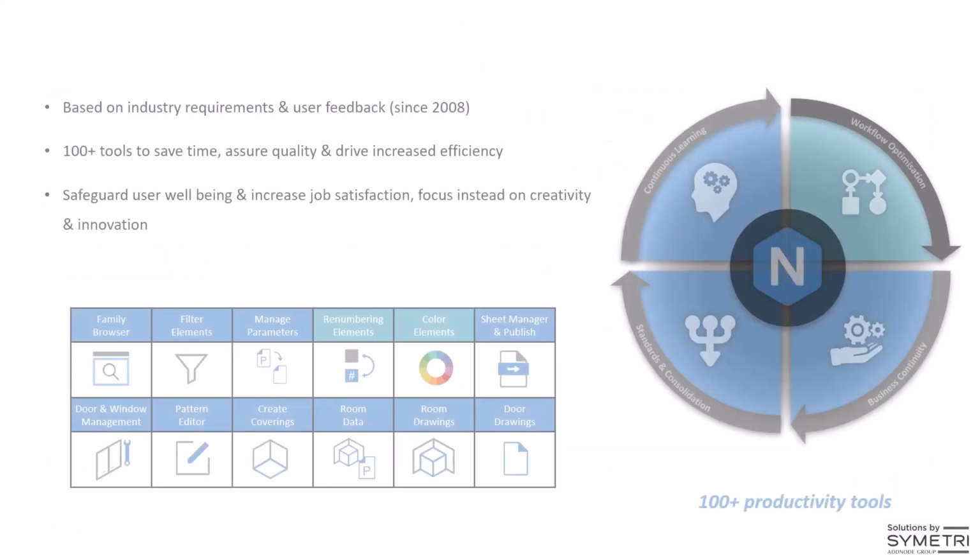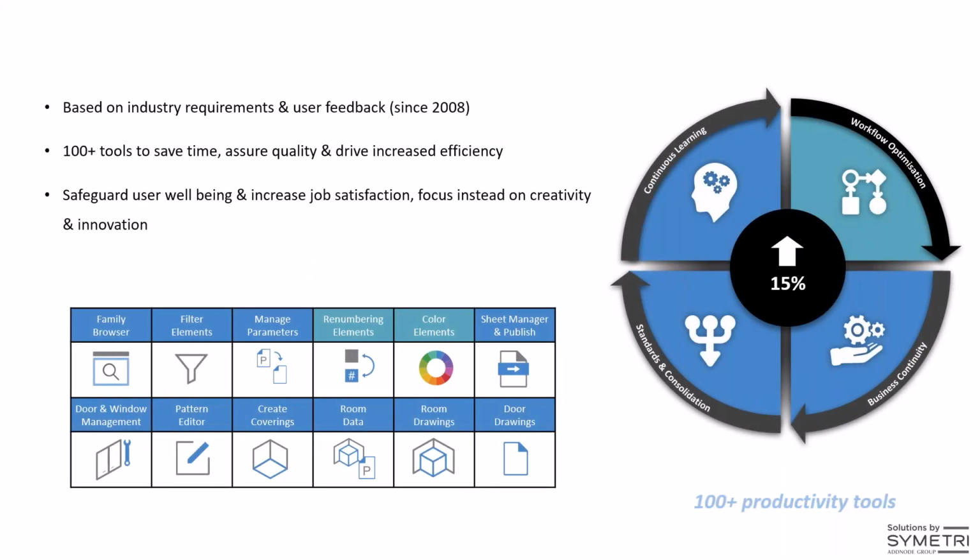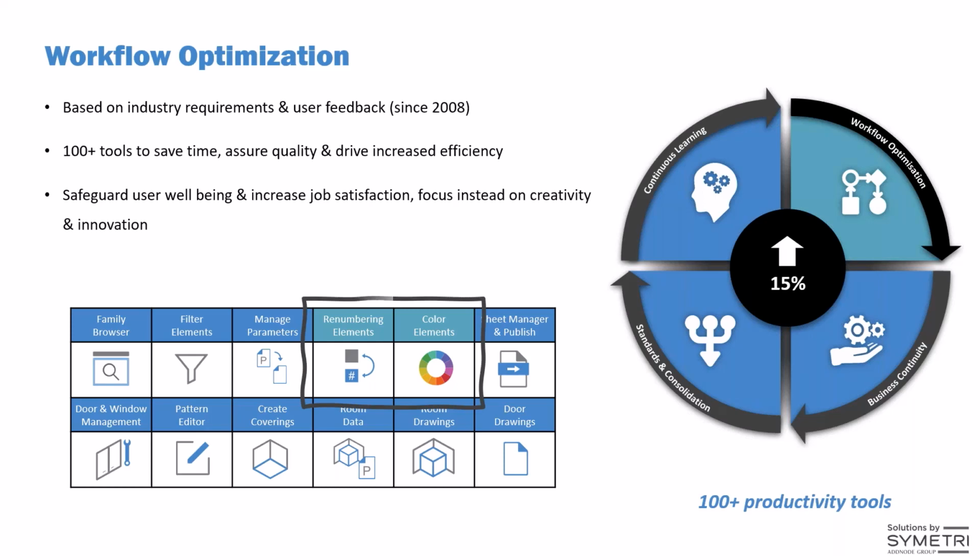Now, speaking of workflows, our goal is really workflow optimization. And a lot of the things that we develop with Naviate is based on industry requirements and user feedback. So please feel free to continue to provide that feedback so we can improve the products specific for you.